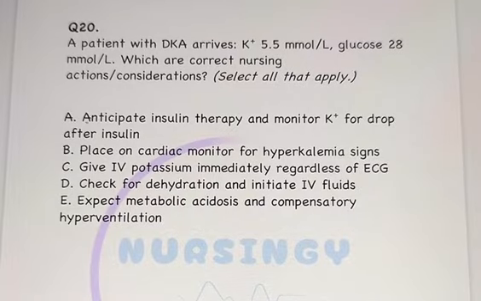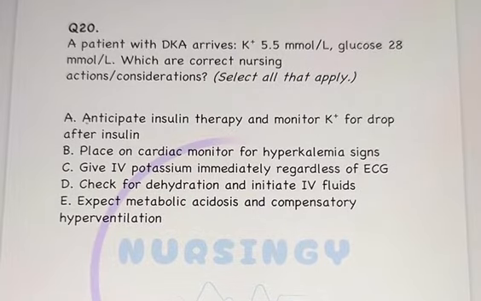And then we will see if we want to move to the next 10 questions. A patient with DKA arrives with potassium 5.5 mmol per liter and glucose 28 mmol per liter. Which are correct nursing actions and considerations? Last question for right now.